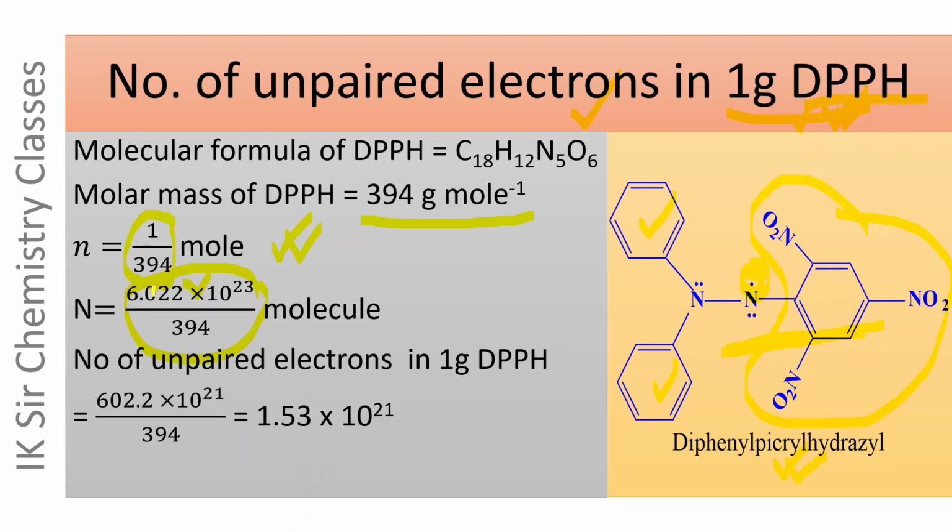This quantity can be written as 602.2 into 10 to the power 21 divided by 394. On dividing 602.2 by 394, we get 1.53, and this is 10 to the power 21. Thus, the number of unpaired electrons in 1 gram DPPH is nothing but 1.53 into 10 to the power 21. This number of unpaired electrons is present in 1 gram diphenyl picryl hydrazine.